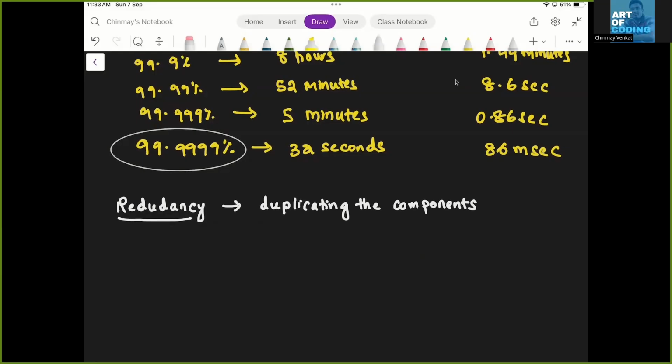Before talking about duplicating the components, we need to understand the architectures used when we duplicate components, so that we know which architecture will be suitable for high availability. Based on the application, we need to decide. First one is the hot cold architecture.